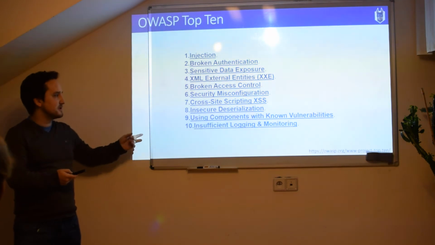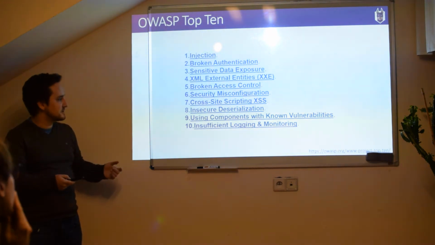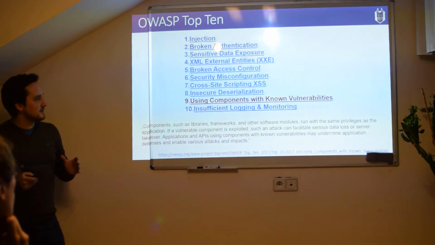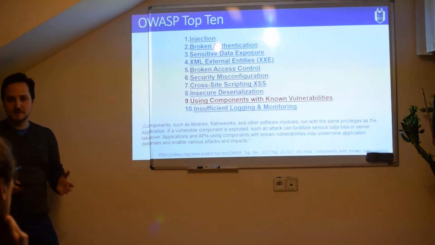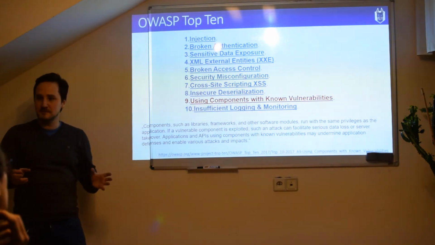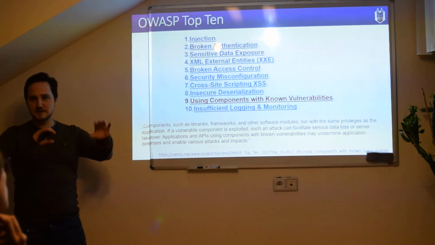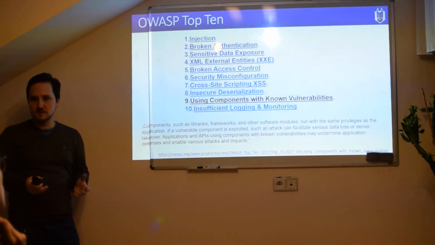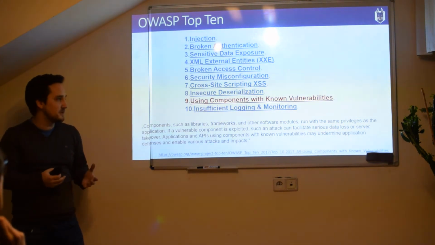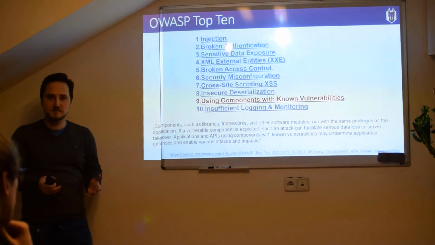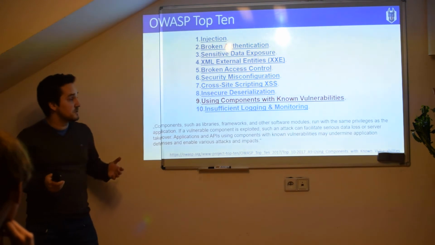There are some really nasty security vulnerabilities, but if you check number 9, it's actually using components with known vulnerabilities. That's what we were discussing so far, right? Having third-party dependencies, direct, indirect, a lot of them, and some of them can have security holes, security issues, something that can be exploited to drop your database, steal your data, whatever.